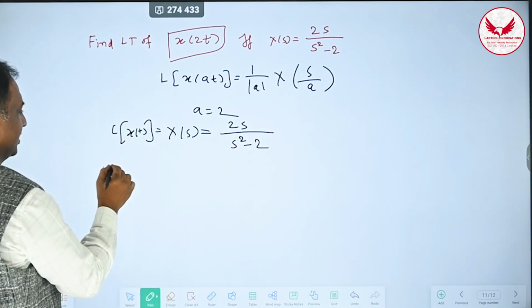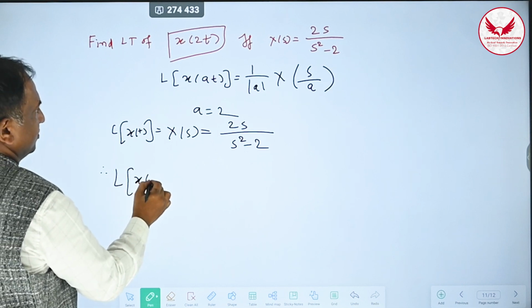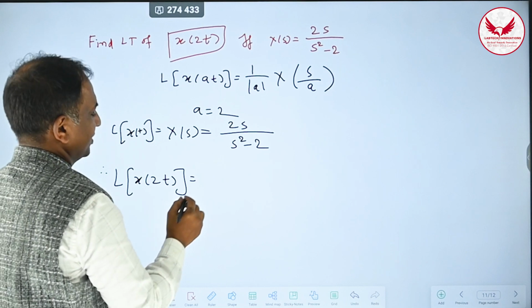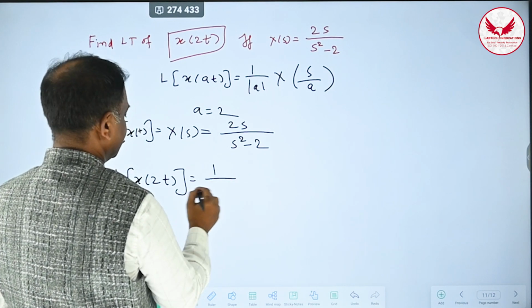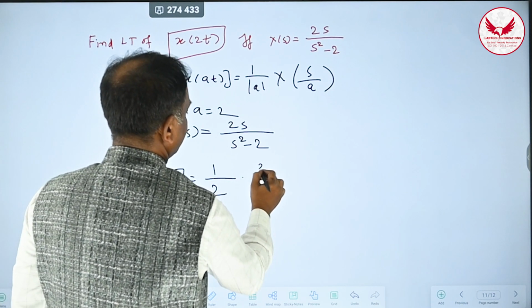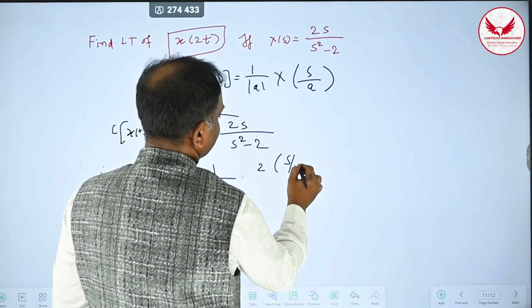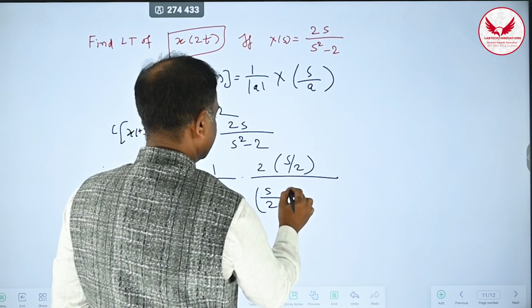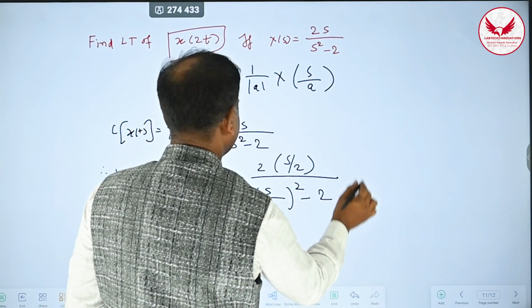Therefore, the Laplace transform of x of 2t, by using the time scaling property, is 1 upon a, that is 1 upon 2, into x of s replaced by s upon a, that is s by 2. So s by 2 square in the denominator, and the 2s cancel.